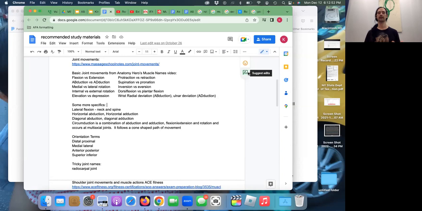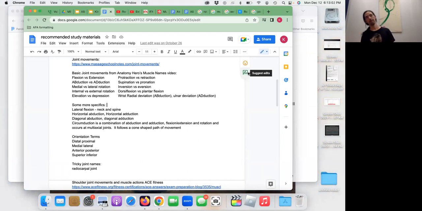Extension of the head at the neck, flexion of the humerus at the shoulder, extension of the humerus at the shoulder, shoulder flexion, shoulder extension, right? Of course, if you were to say flex your arm, that would be too ambiguous, right? You need to name the joint. Shoulder flexion, knee joint, elbow joint, wrist joint.